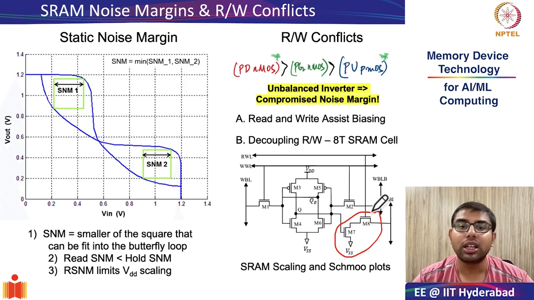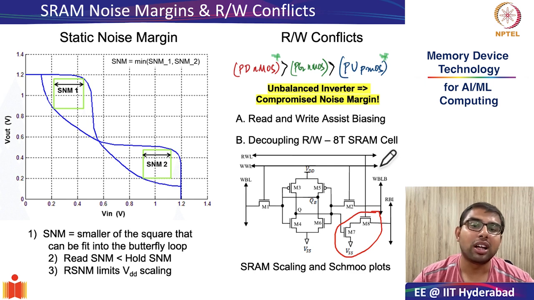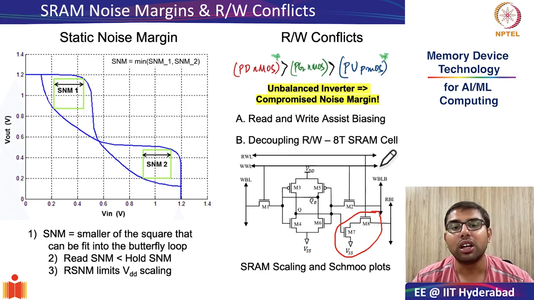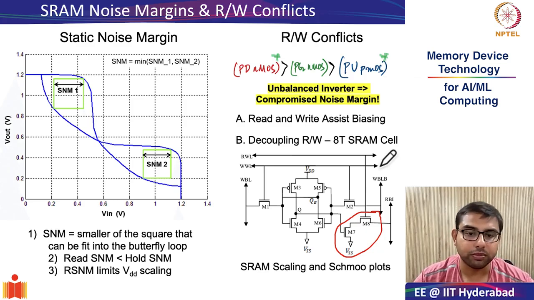And as we know, the latest generation of SRAM is actually built on 8T cells because they give you much better stability in terms of read and hold noise margins. This is because the read and write are decoupled.